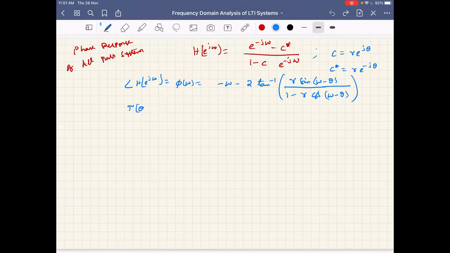Group delay, which is minus d by d omega times phi of omega, can be written as follows. This also I will not give the simplification here, but you can refer to the textbook. There are reasonable algebraic manipulations that are required to get this: 1 minus r square over 1 plus r square minus 2r cos omega minus theta.